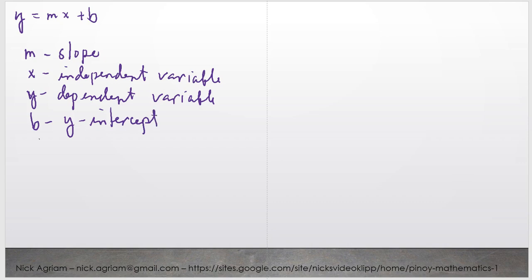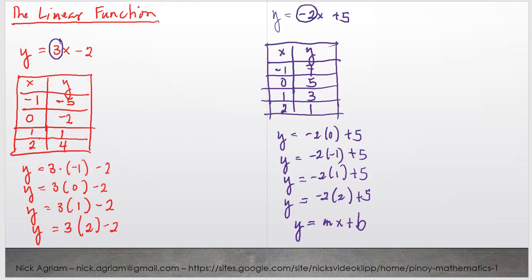If I'm going back to my examples, in this example number 1, 3 is my slope, and negative 2 is my y-intercept. I'm going to explain more about it later. In my second example, negative 2 is my slope, and 5 is my intercept.